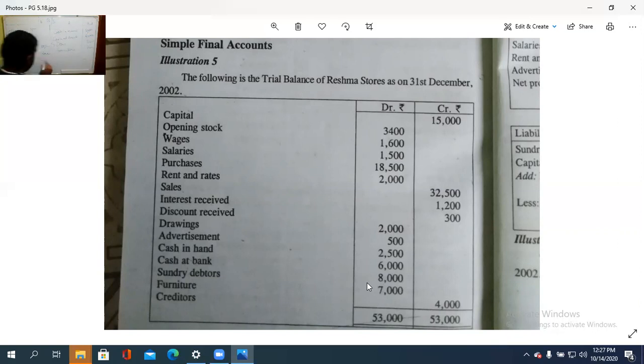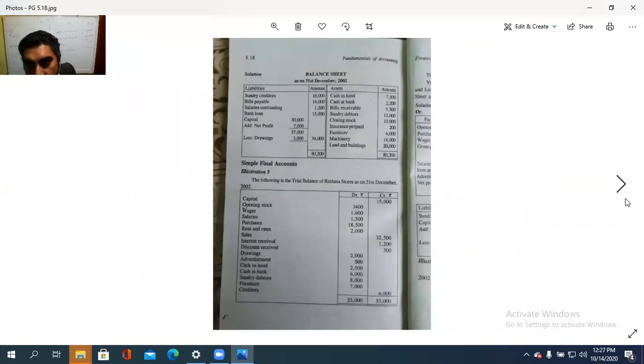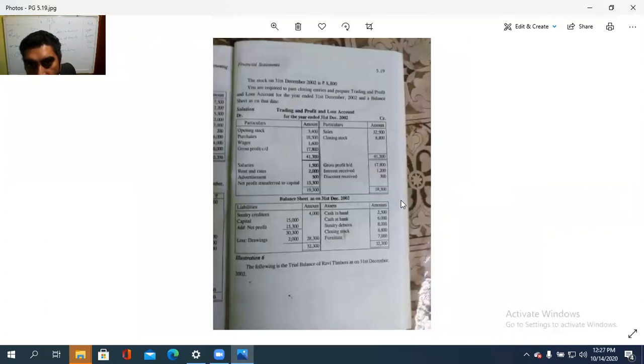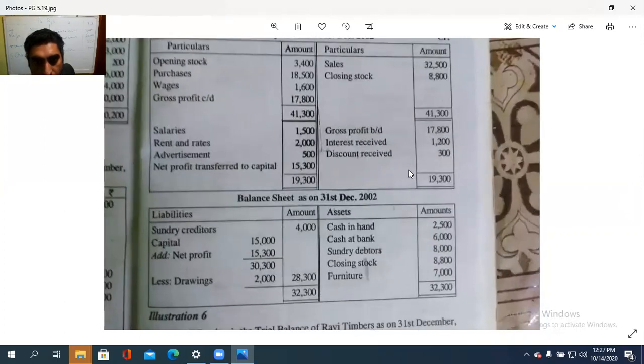So we will check it. How much is the total? 28 plus 4, 32,300. Clear? Cash in hand, 2,500 or 300? 2,500. Then sundry debtors, 8,000. Closing stock, 8,800.